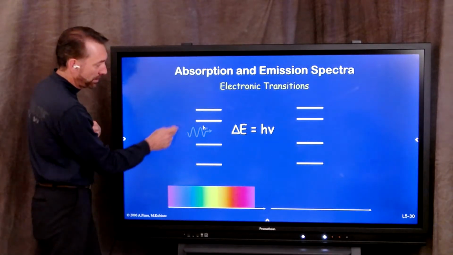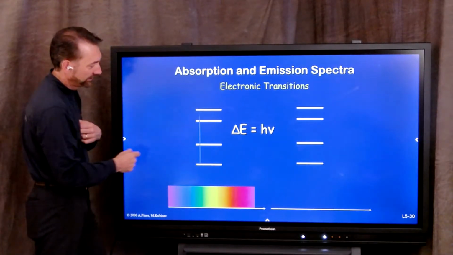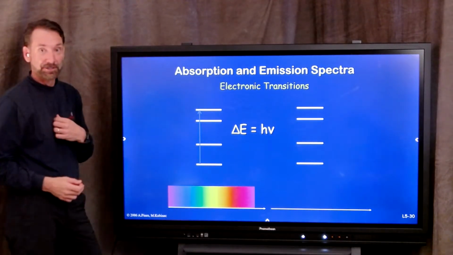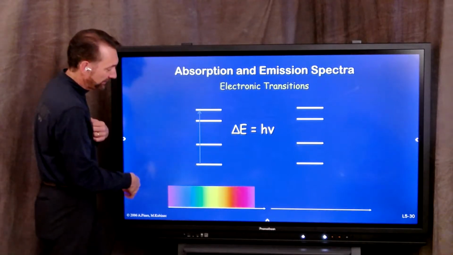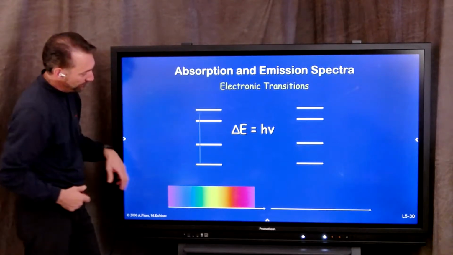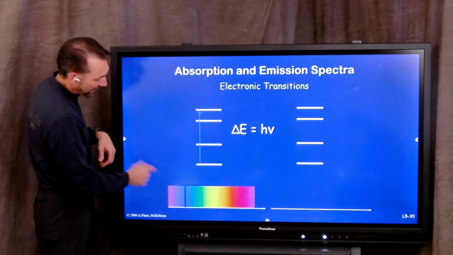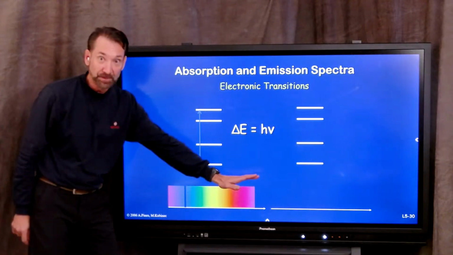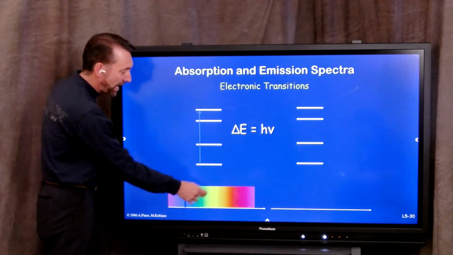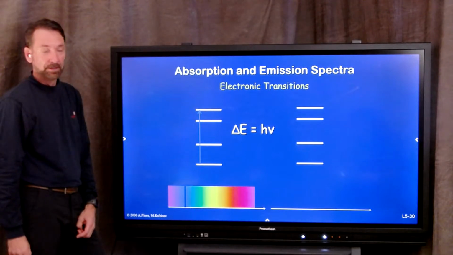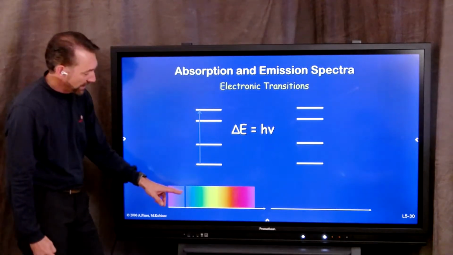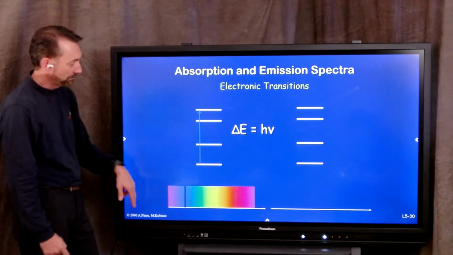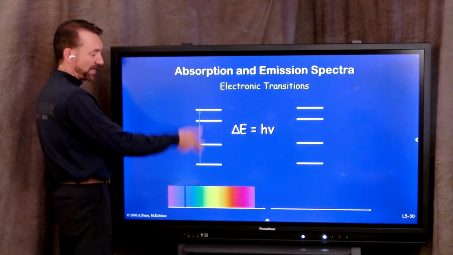The system will go from, in this case, the ground state, the lowest energy state, to our highest energy state. And if that happened, you would see an absorption of that energy. That energy would be absorbed from your full spectrum. So this is a line spectrum, as we talked about earlier. An individual amount of energy is absorbed, disappears from the spectrum because it's absorbed by this system.